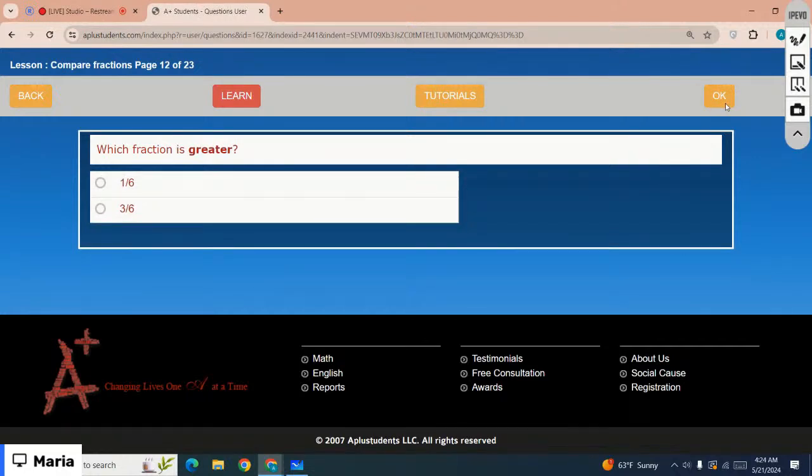That is 1 over 6 is less than 4 over 6. Which fraction is greater? Which is the correct option? That is 3 by 6 is greater than 1 over 6.